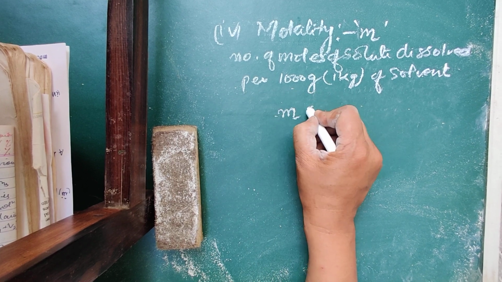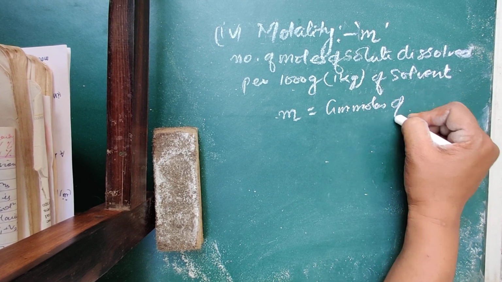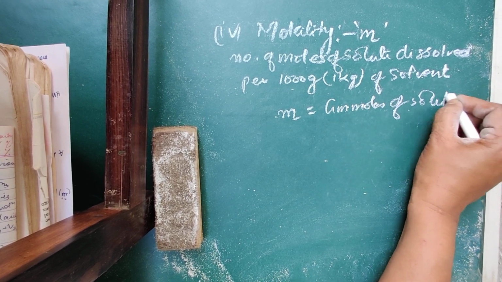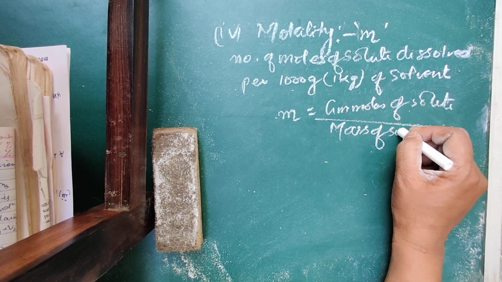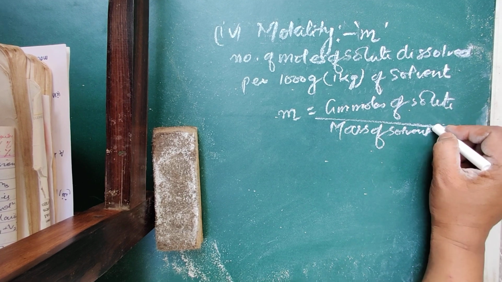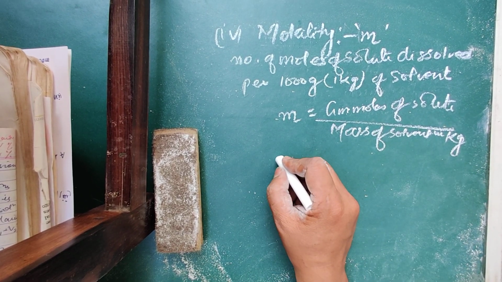Denoted by small m, so m will be equal to gram moles of solute divided by mass of solvent in kg. So the formula will be what?